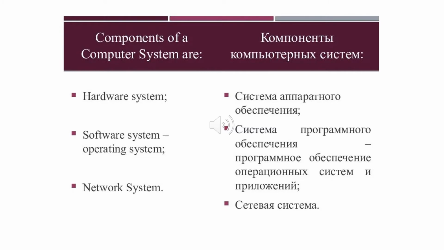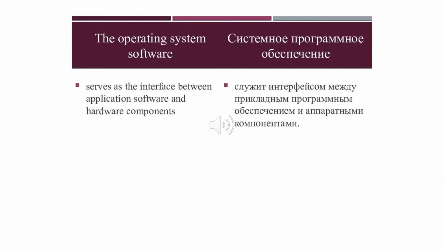Components of a computer system are hardware system, software system, operating system, network system. The operating system software serves as the interface between application software and hardware components.